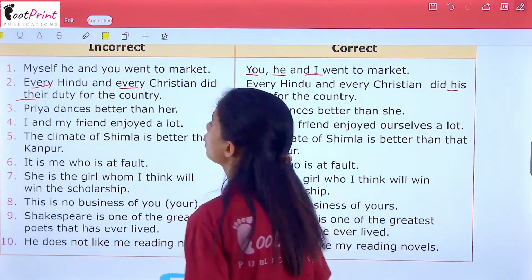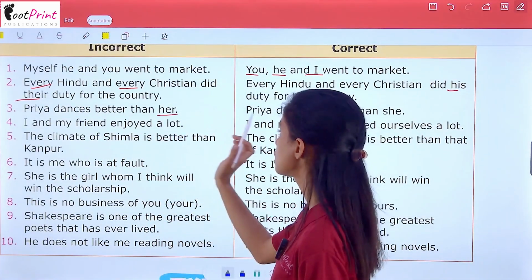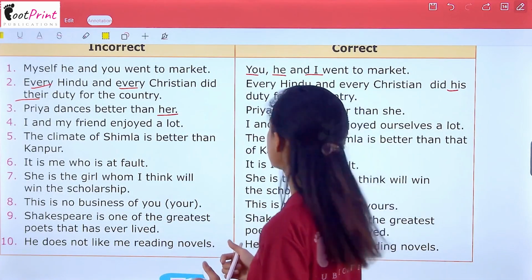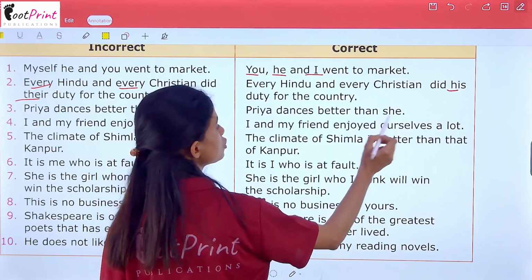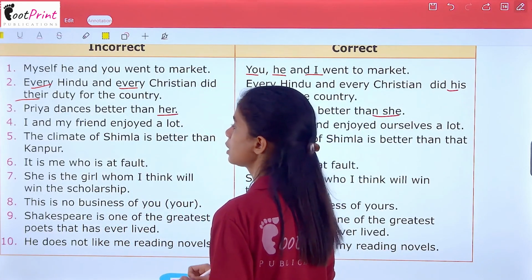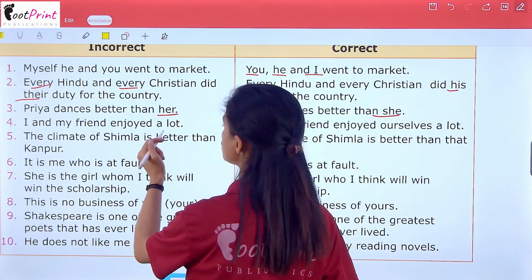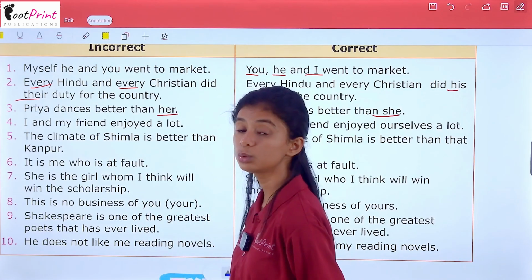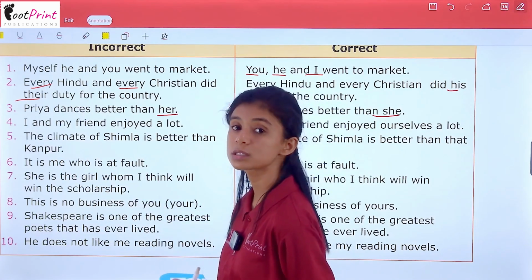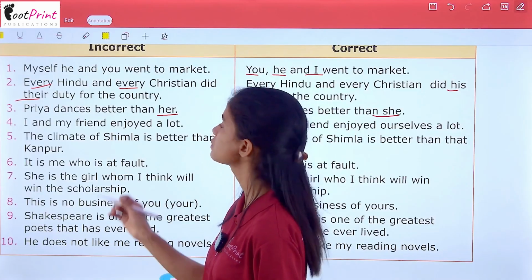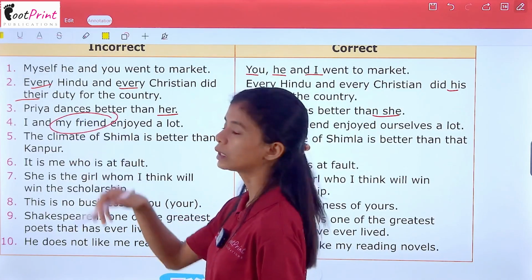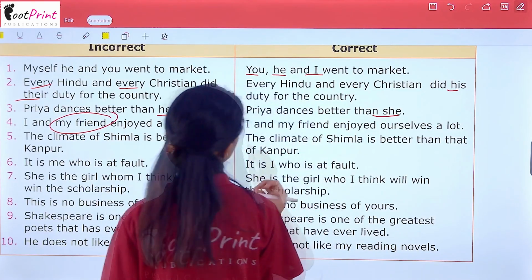Alright? Now, Priya dances better than her. No, it is an active case. Priya dances better than she. Alright? I and my friend enjoyed a lot. No, first person will not come in the beginning of the sentence when we are using a third person or a second person.